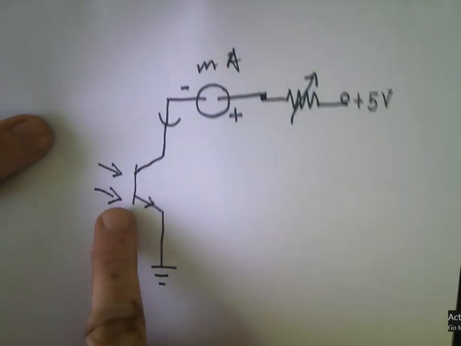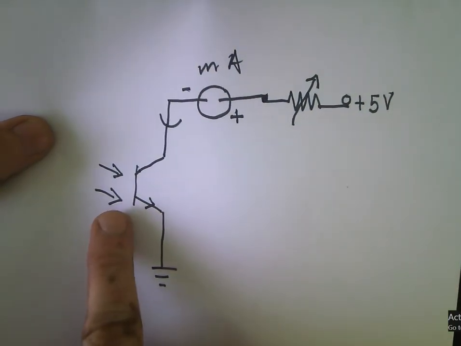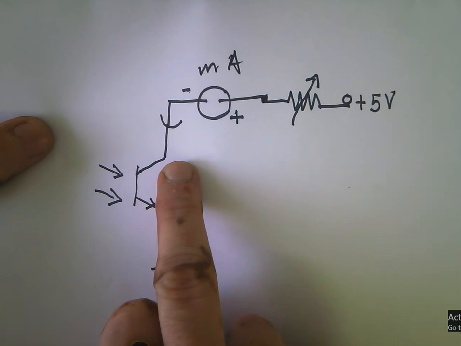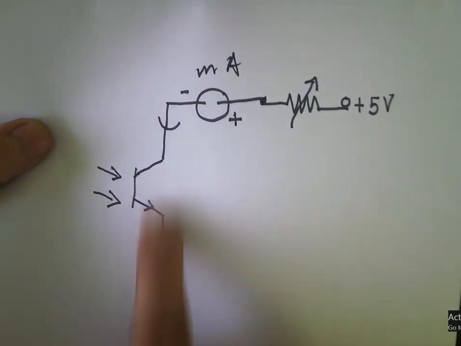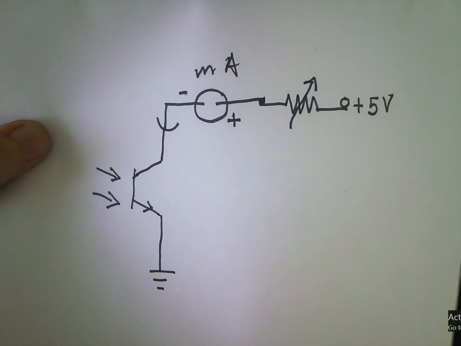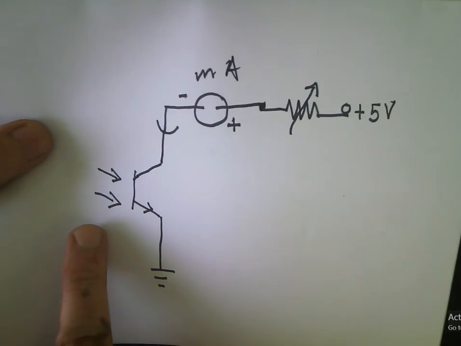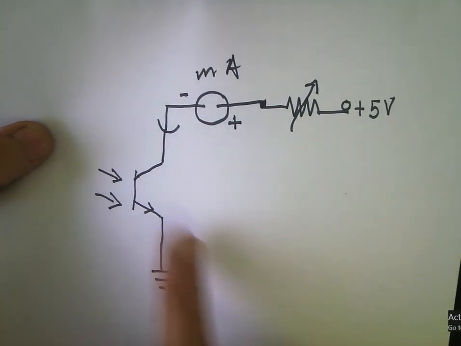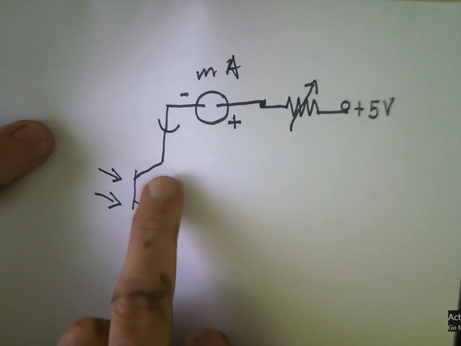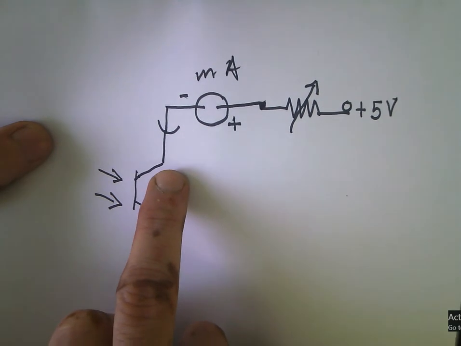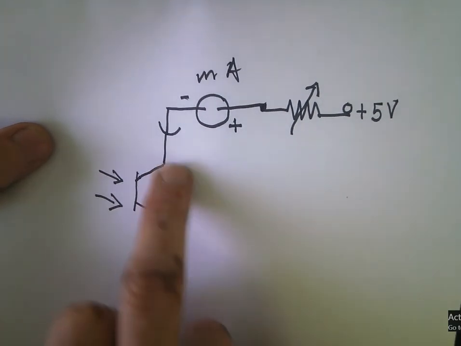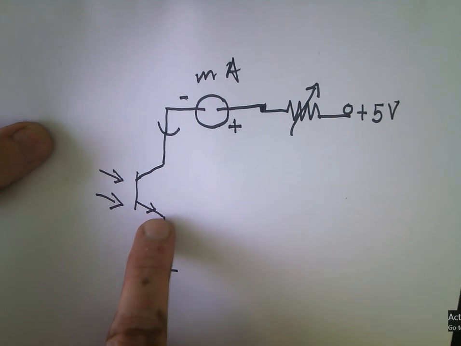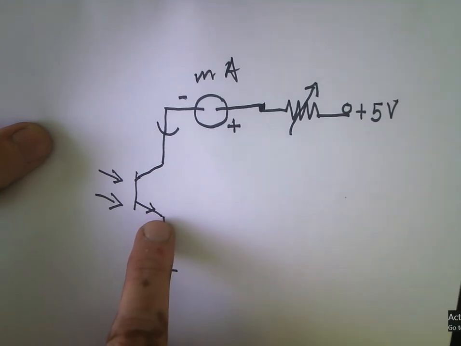Because the transistor is not conducting. So all voltage will be available across this collector and ground, because the emitter is directly connected to ground. Now, if light falls and the transistor started conducting, you will have a fall in the value of voltage across collector to emitter, that is VCE.